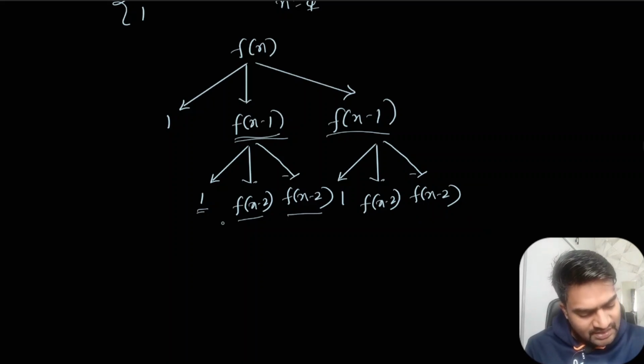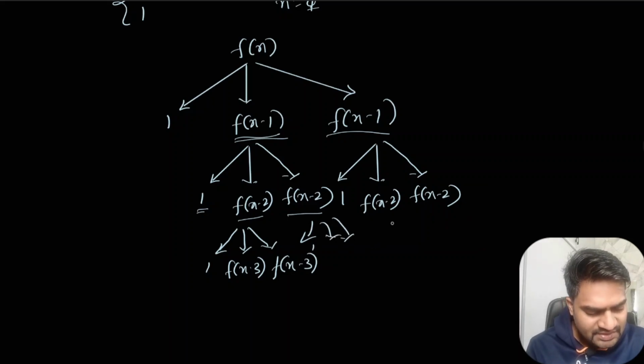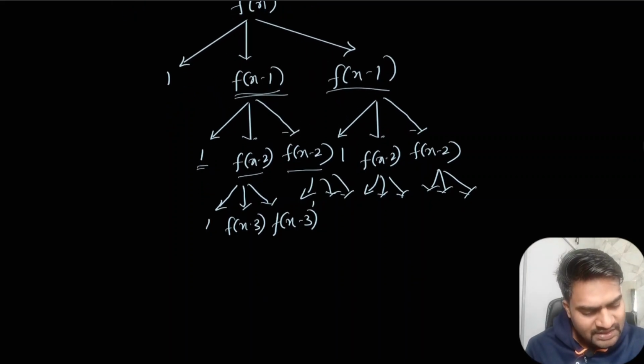Now, in the third iteration, again what happens? Again one unit of work, again one f of n minus 3 call, again one f of n minus 3 call. This happens in all the functions. Correct, right? So, how long will it continue?